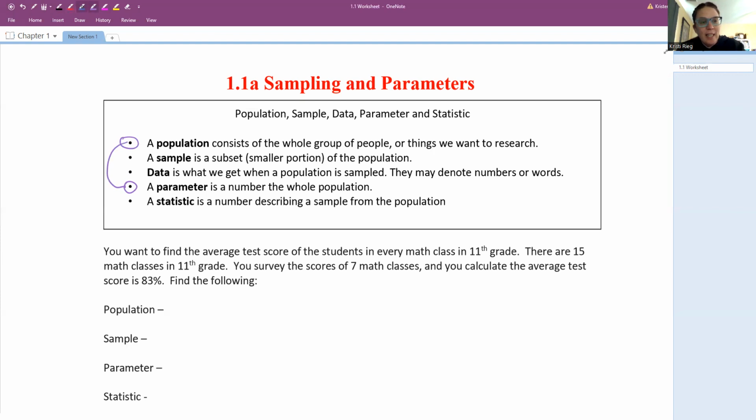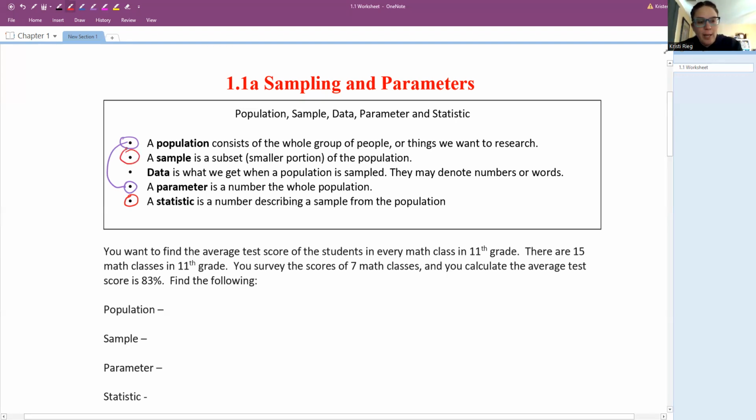The statistic goes along with that, but the statistic is the number describing the sample. So using that same example, if we were talking about the average shoe size of everyone in America, we're not asking everyone in America. Our sample would be the 50 people that we ask, and the statistic would be the average shoe size of that sample.